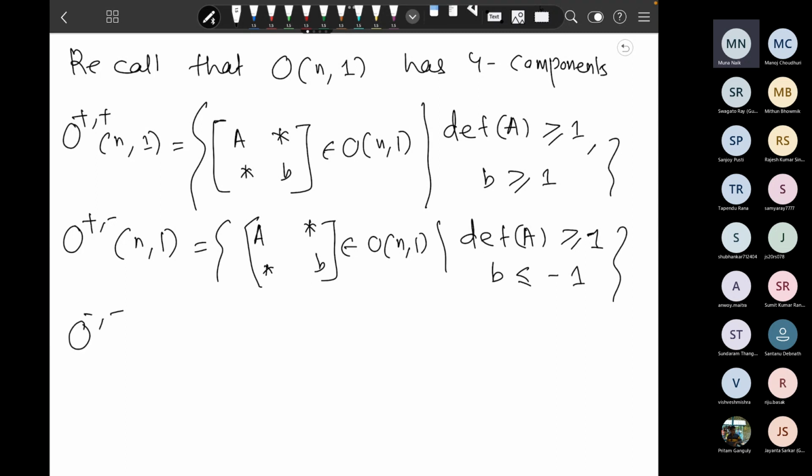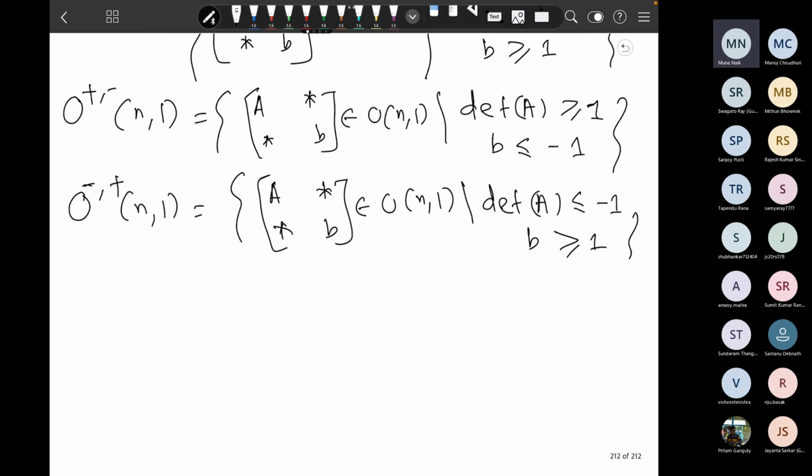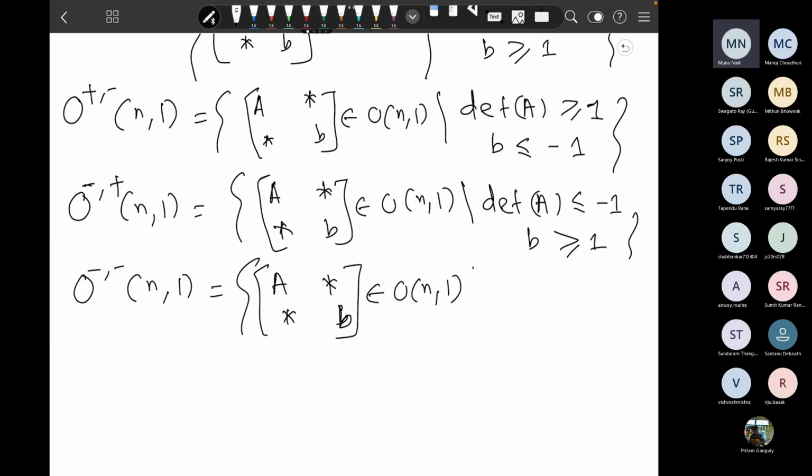So this is O^{-+}(n,1): the determinant of A is less than or equal to -1 and B is greater than or equal to 1. And O^{--}(n,1): the determinant of A is less than or equal to -1 and B is less than or equal to -1.